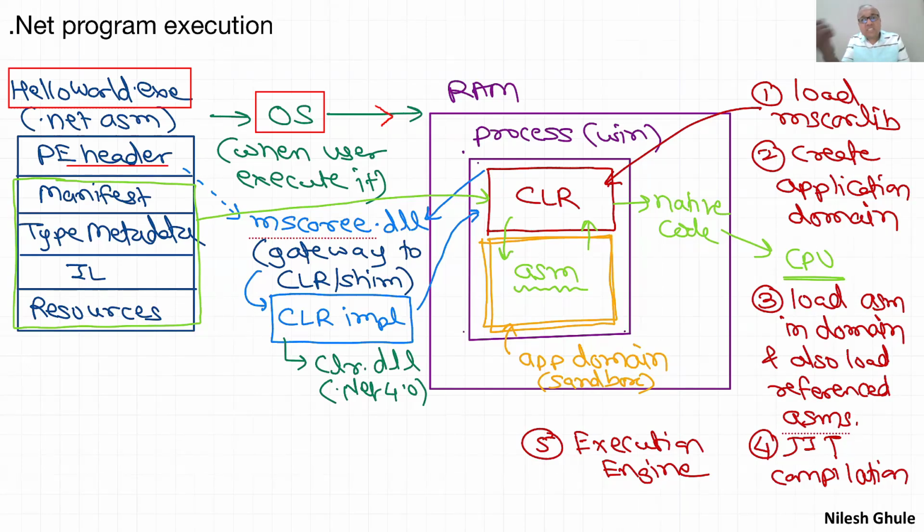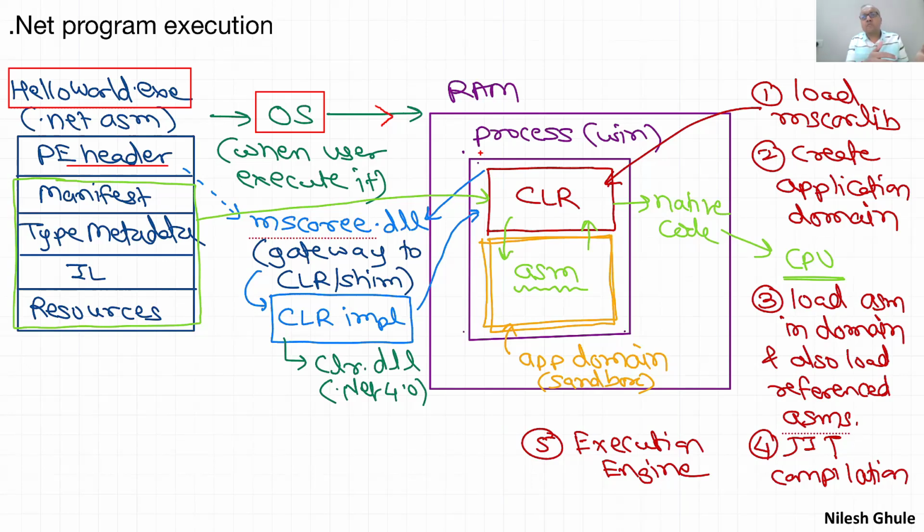So the process is created, and that operating system process will have this exe, this assembly, loaded. However, this particular assembly is not going to be understood by the operating system or CPU directly. So the very first thing that you need is a CLR. How exactly does the CLR come into the picture?